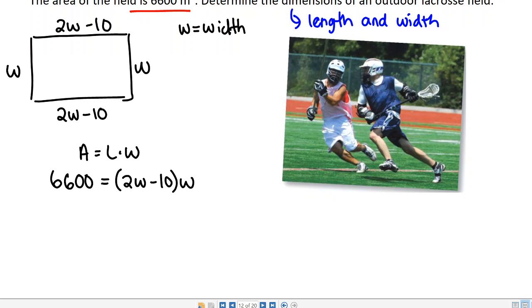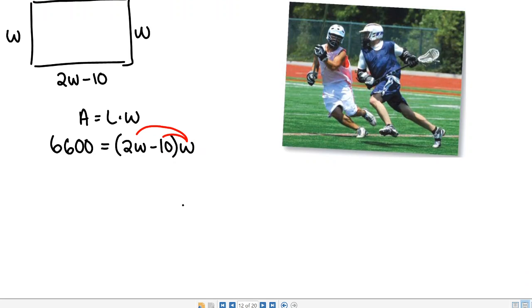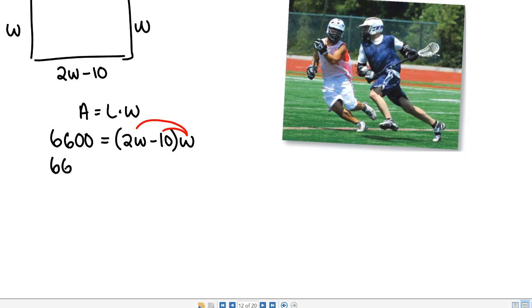So remember, before we factor, one side has to be equal to 0. And we always factor from standard form too. So there's a few things we need to do. We need to get rid of these brackets, and we need to move everything over to one side. So do the brackets first. We have 2W squared minus 10W.